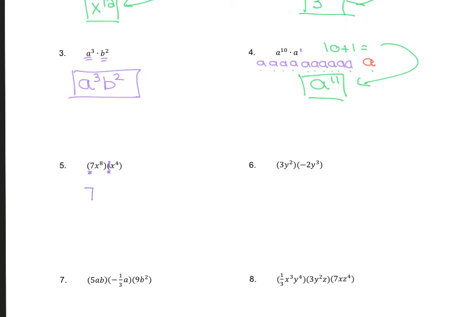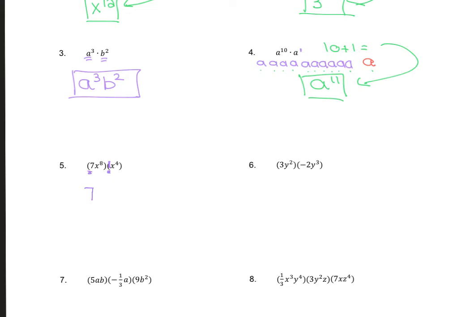It's a coefficient, and when we have coefficients, we multiply them. So 7 times 1 gives us 7, and then we do the same thing we've been doing with 1 through 4 with the x's. So let's shorthand it. Let's do our trick now that we've seen what happens. If I have x to the 8th and x to the 4th, we have the same bases. We're multiplying them.